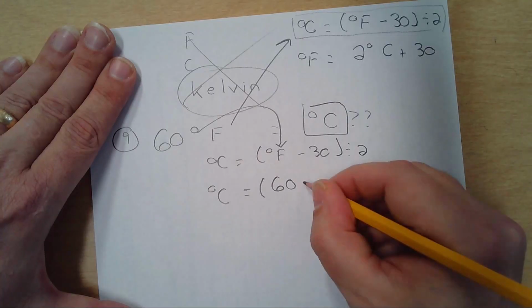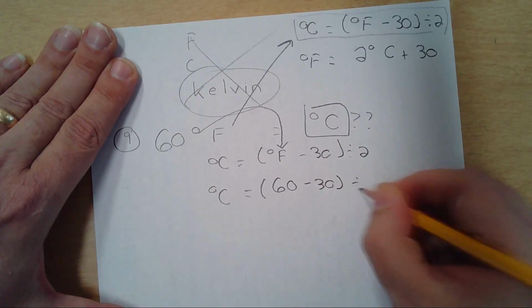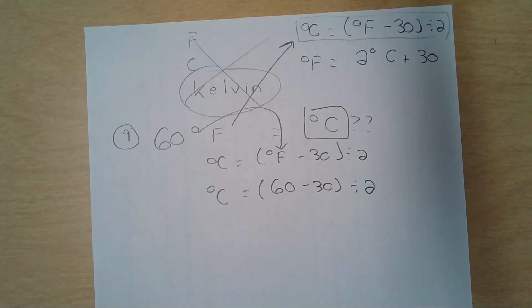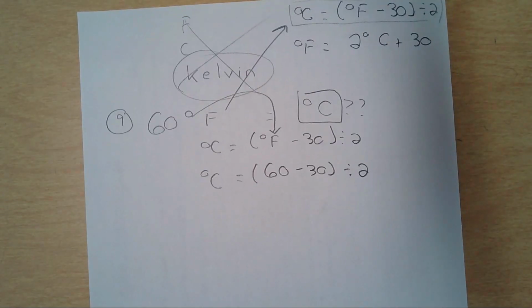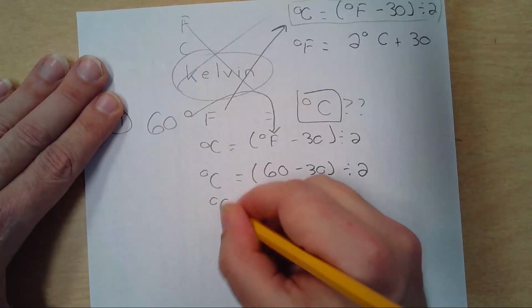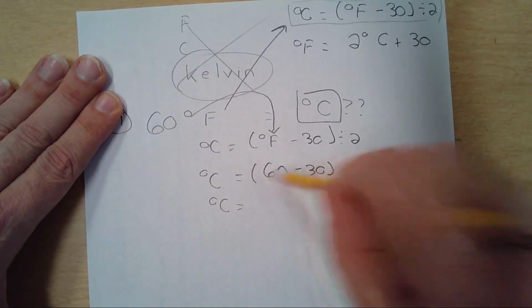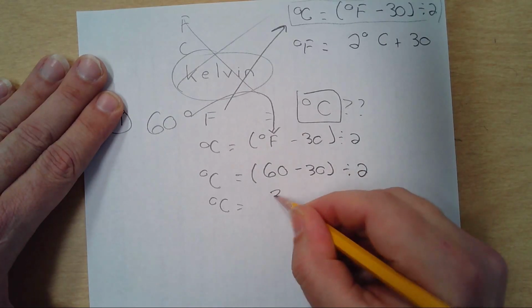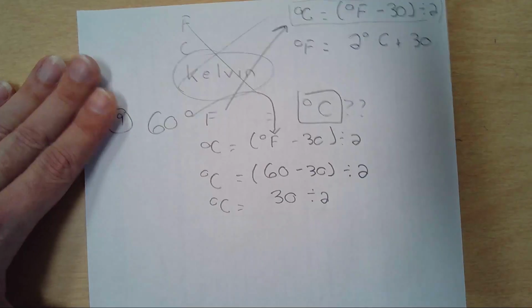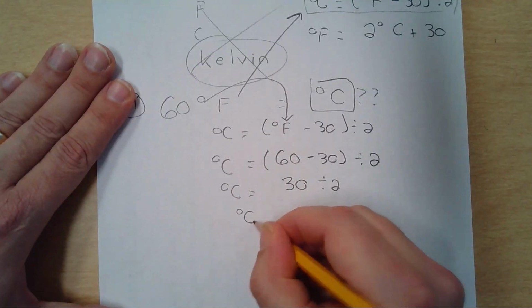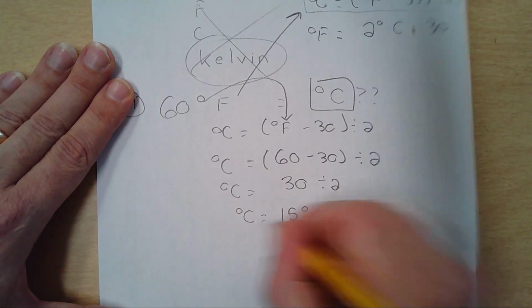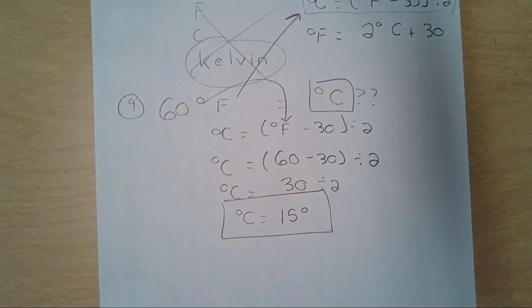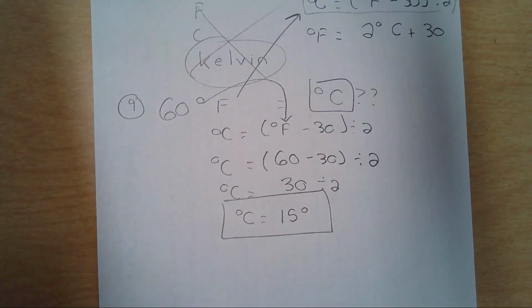Whatever my degrees Fahrenheit is, I subtract 30 from that number and then divide by 2. PEMDAS rules apply. So first, in the brackets, 60 minus 30 is 30, and I still have divided by 2. 30 divided by 2 is 15. 60 degrees Fahrenheit is the same thing as 15 degrees Celsius.